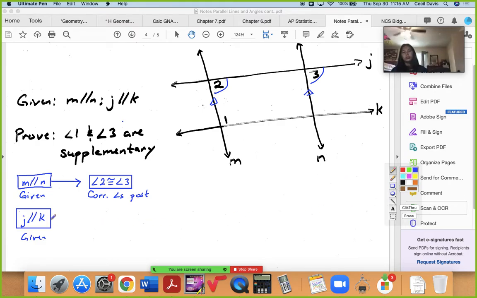What conclusion can I make based on that? 1 and 2 are supplementary because they're same side interior angles. So angle 1 and angle 2 are supplementary.